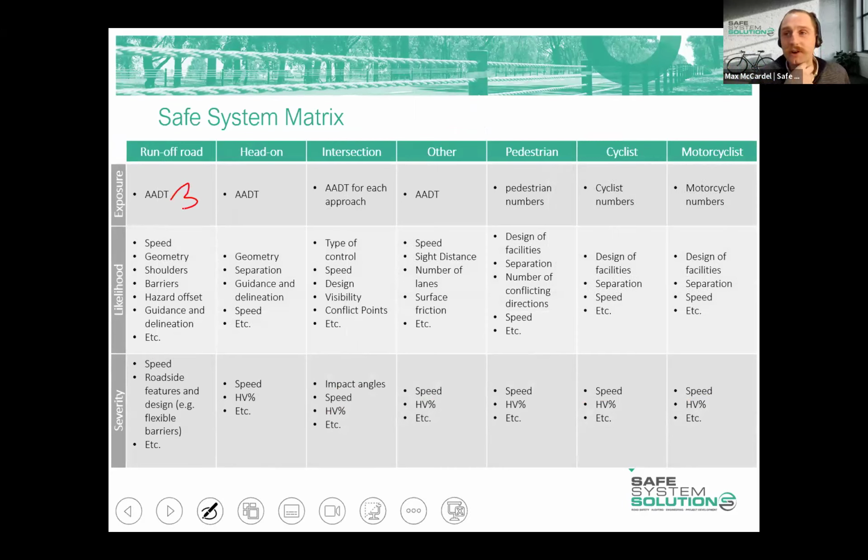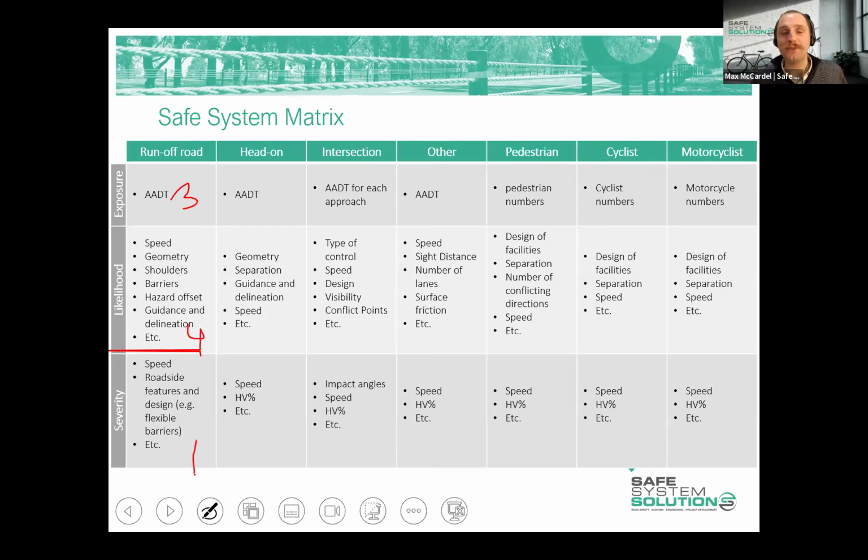So run-off road, let's say it was a score of 3. Let's say we thought things were highly likely for that crash to occur, and we give it a score of 4. But let's say there's lots of barrier systems in place, so we're actually going to give a severity score of 1.